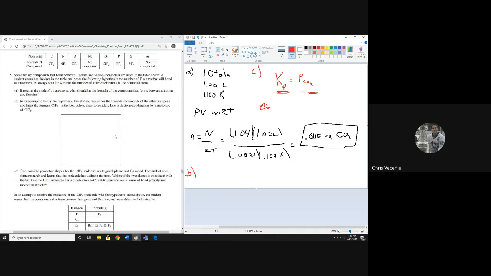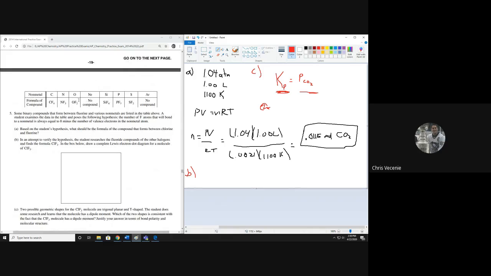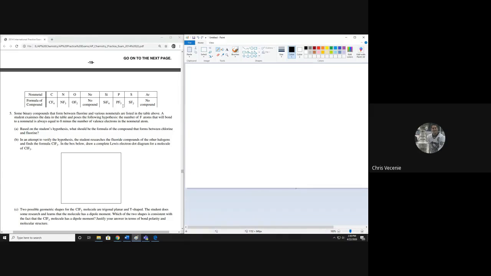All right. So number 5, they give us a list of formulas, CF4 and F3O2. It says some binary compounds that form between fluorine and various nonmetals are listed in the table above. A student examines the data and poses the following hypothesis. The number of F atoms that will bond to a nonmetal is 8 minus the valence electrons of the nonmetal.